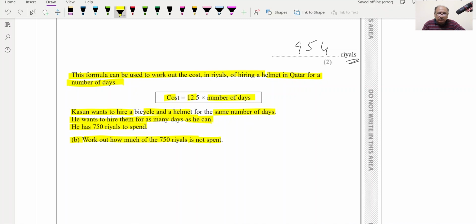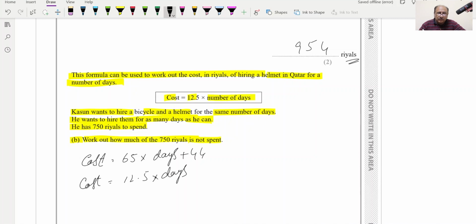So the remaining amount is required. Now we have these two formulas. Cost is equal to 65 times number of days plus 44, and the second formula is cost is equal to 12.5 times number of days.